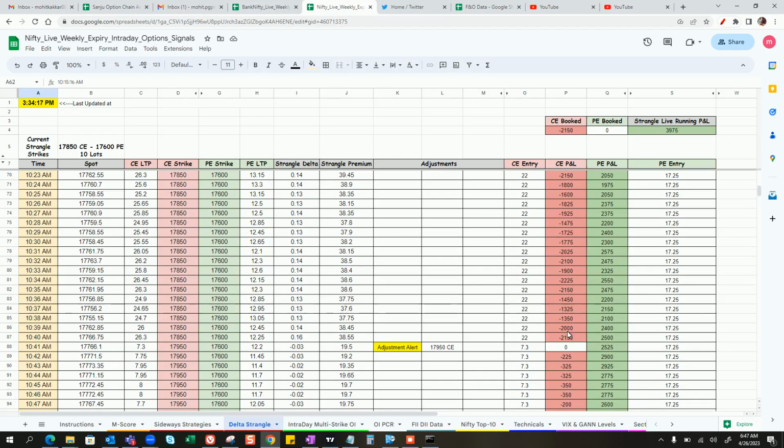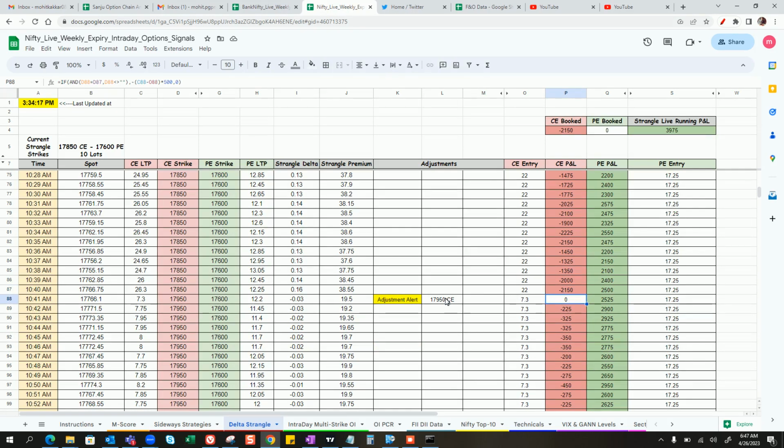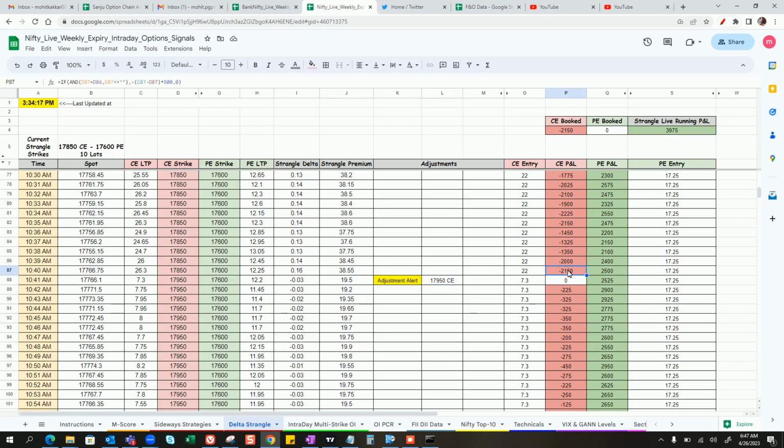Around 10:40 it gave an adjustment alert that we need to come out of the 17,850 call and move to the 17,950 call. So around 2150 is what it will book as loss with this adjustment.